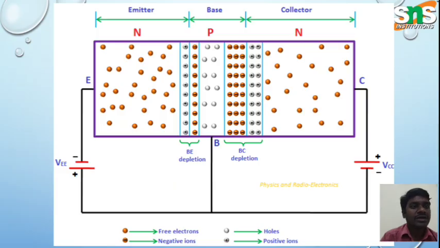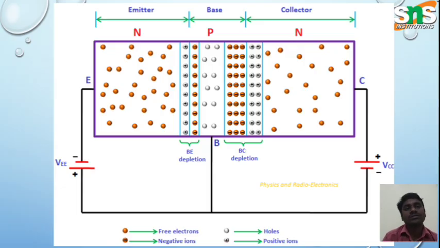Then on the collector side, the positive terminal is connected to the collector. What will happen? Positive ions are applied to the collector. The majority charge carriers in the n-type semiconductor material are electrons, so they will be attracted by the positive ions.